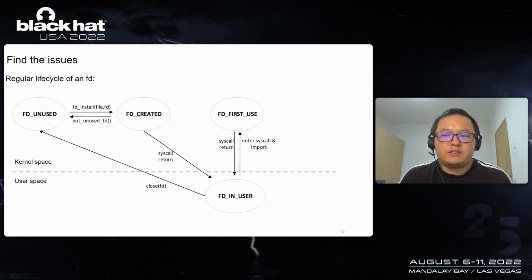When the user process operates on the FD through a syscall, the FD will be imported by the kernel, and the state changes from FD in user to FD first use. And when the syscall returns, the state changes from FD first use back to FD in user.